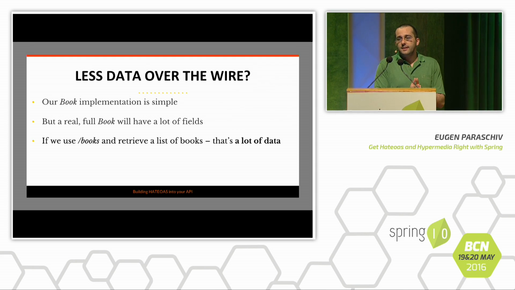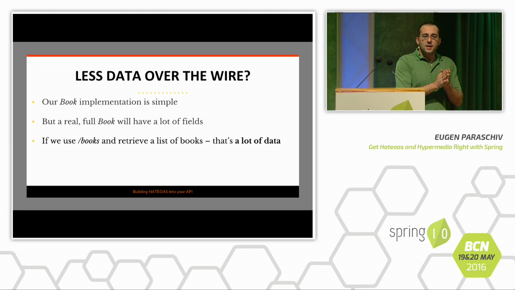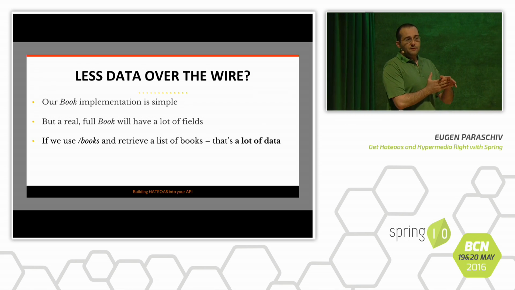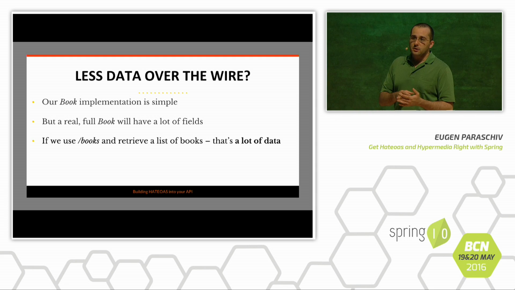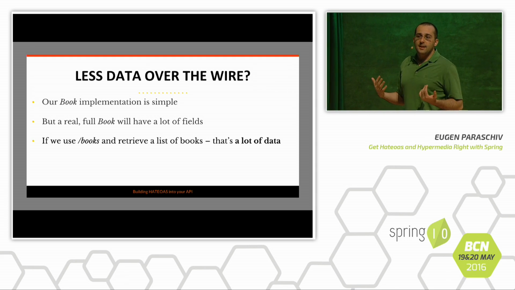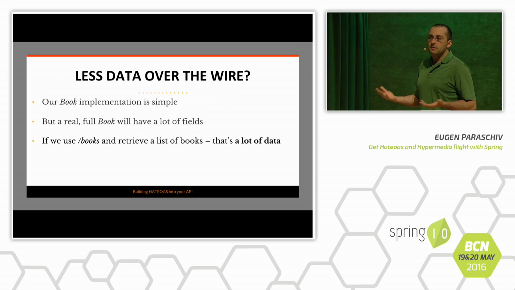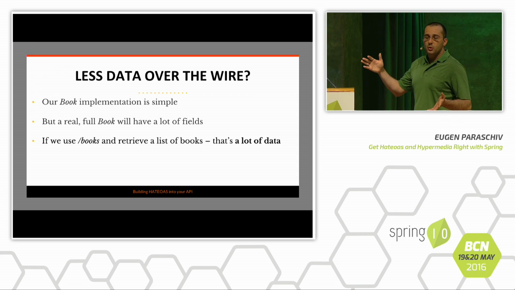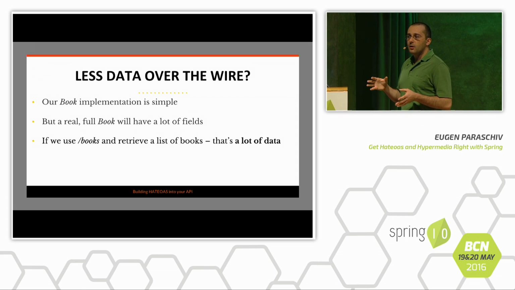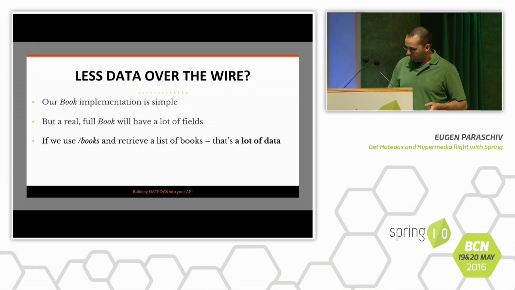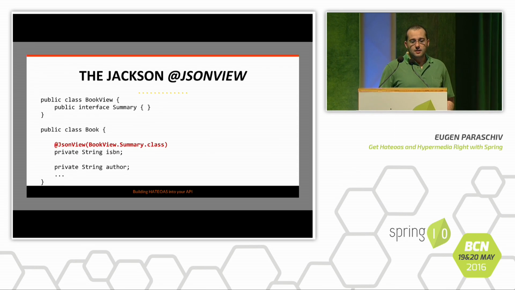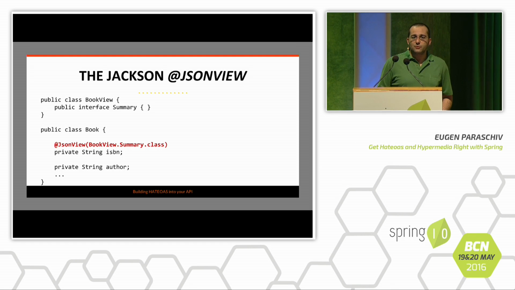So the point being, we want to see how we can actually pick and choose. We want to be able to give Jackson enough information to give us less data, for example. That would be good, right? Give us less data when we're getting all of the books, and give us the full book representation only when we're getting a single book. All right. So let's see how to do that. Well, we're going to use JSON Views for that.